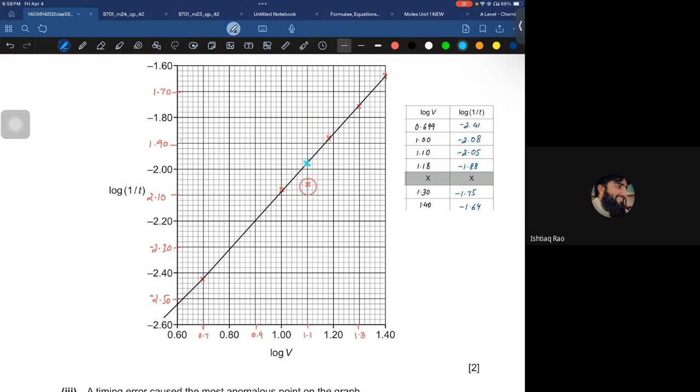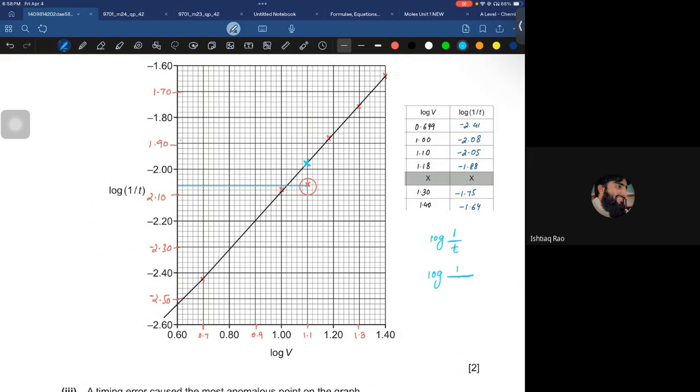But of course, if you are going down, it becomes more negative. So it's log 1 by t. So let's suppose, what's the point?